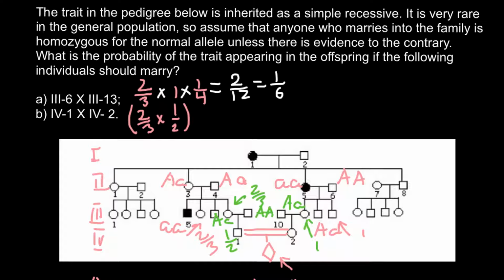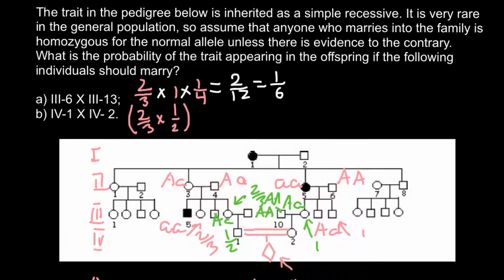So this parent, we have to assume, has to be homozygous dominant. I don't have much space left, so homozygous dominant genotype of this parent.